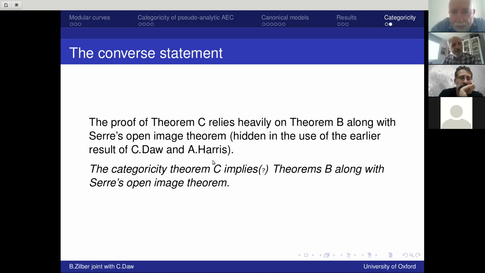So it means that, well, in this case, in your description, it is important to explain how GL2 acts on the upper half plane.